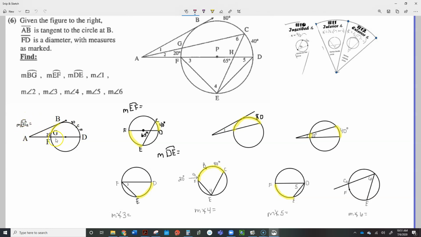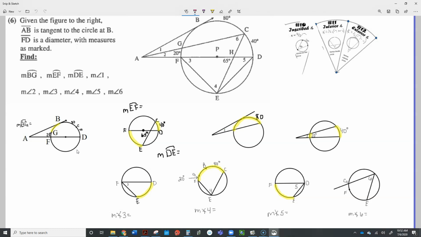But then I noticed that FD right here, and it tells me, is a diameter. So if it's a diameter, then I'm working with, I know, 180 degrees. So all of these measurements right here, all of these together have to equal 180 degrees. So I've got every piece except for the measurement of this one right here that's highlighted.